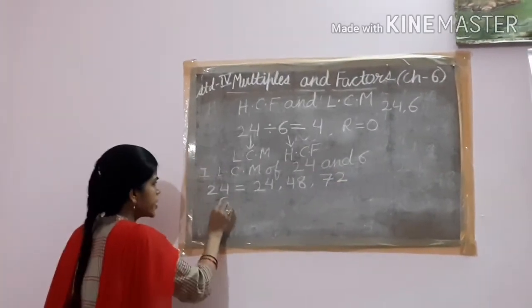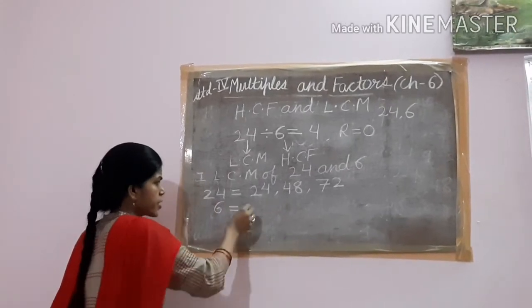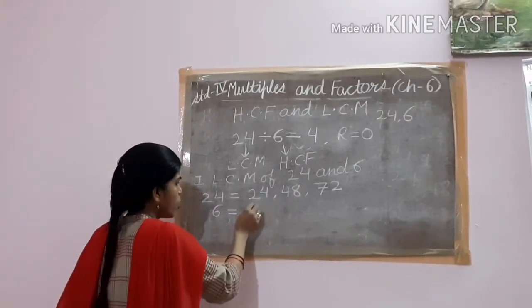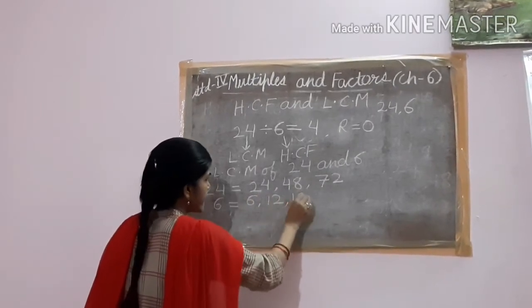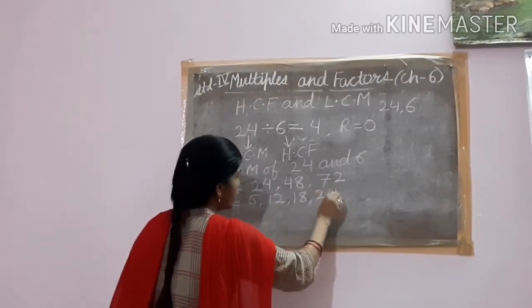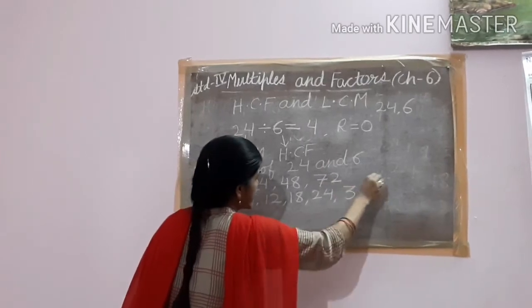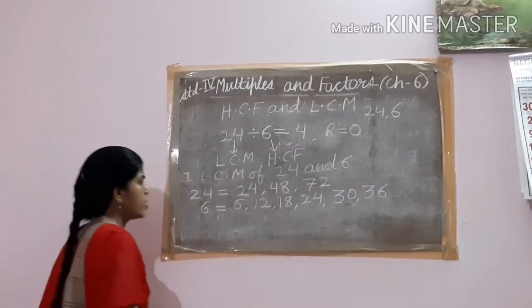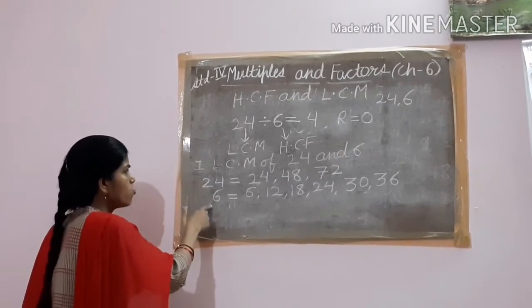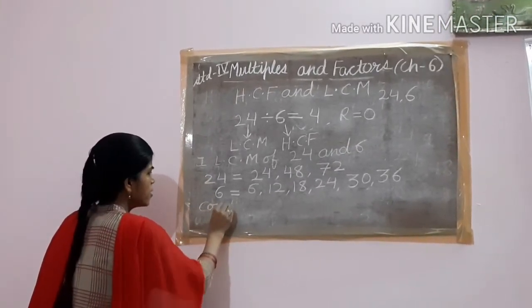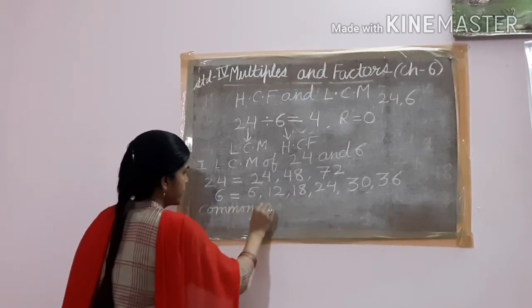Now find the multiples of 6. I hope you all know the 6 table. 6, 6 twos are 12, 6 threes are 18, 6 fours are 24, 6 fives are 30, 6 sixes are 36. Now find the common multiples between these two numbers.